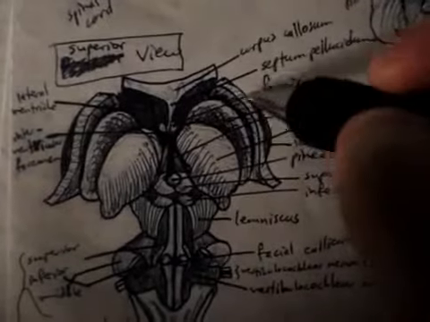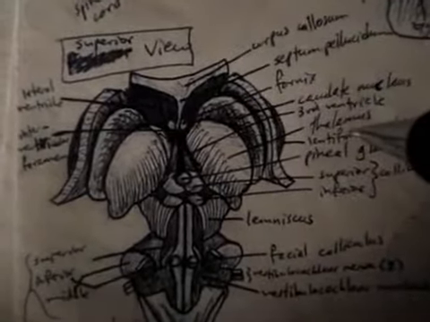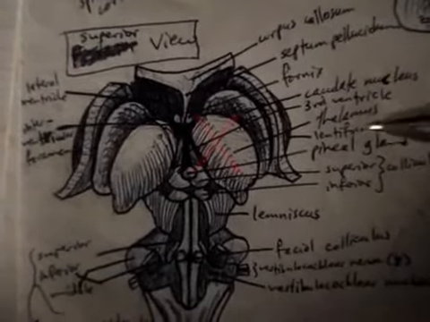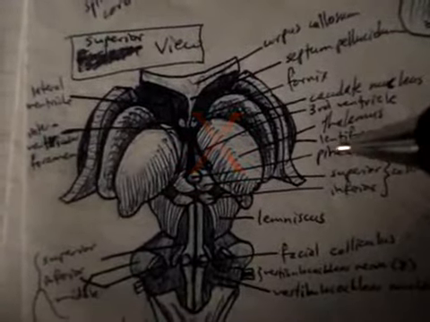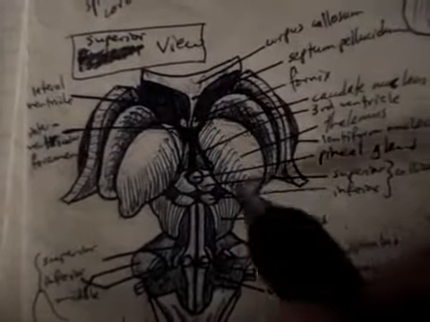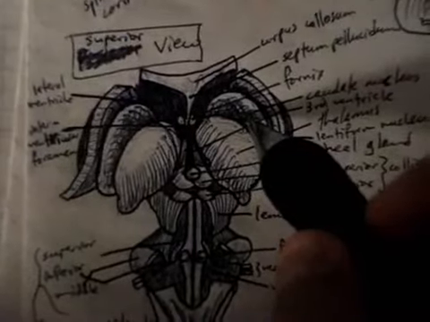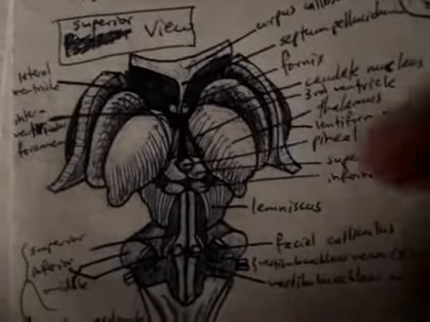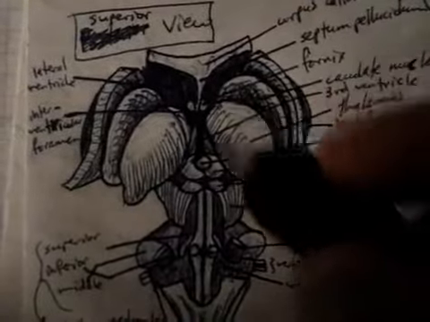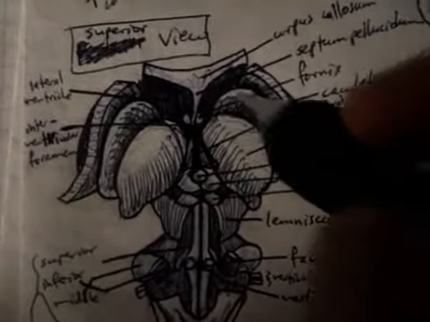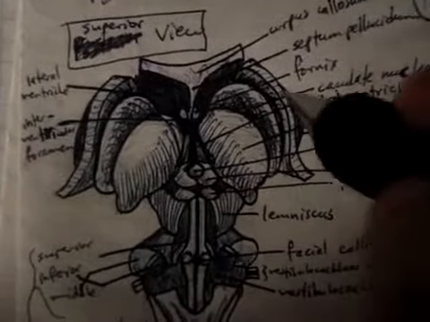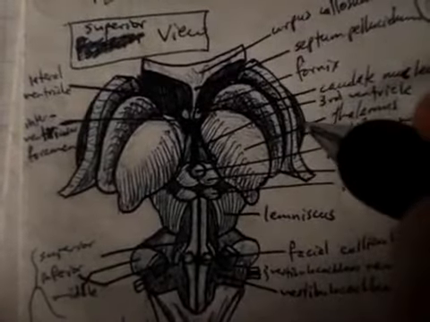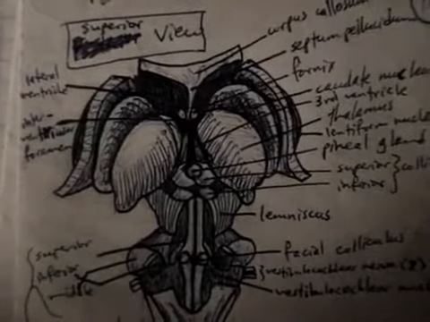And on the side of that internal capsule is another nucleus called the lentiform nucleus, which consists of the globus pallidus and putamen. So you have thalamus, caudate nucleus. We'll talk about these in the next part. Thalamus, caudate nucleus, internal capsule, lentiform nucleus consisting of putamen and globus pallidus.